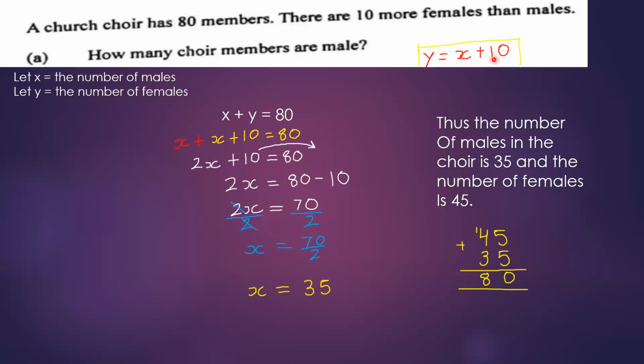So since y is x plus 10, instead of writing y, I'm just going to write x plus 10. And I already had x here. That's why it's x plus 10. You understand that, Gautam? Yes, sir. All right, good.